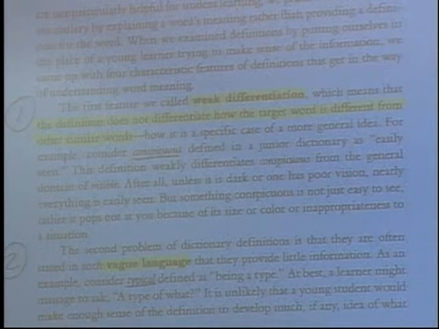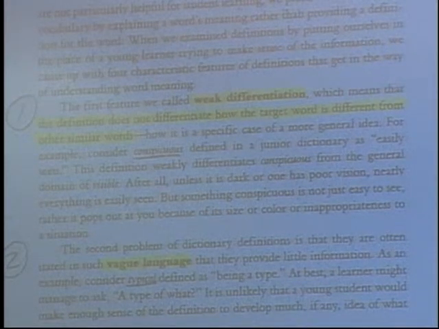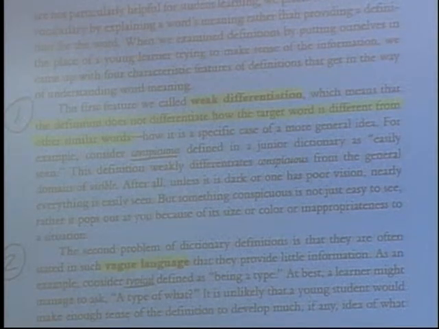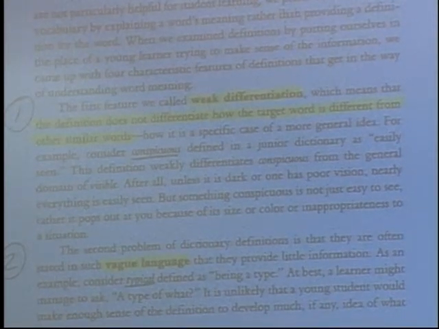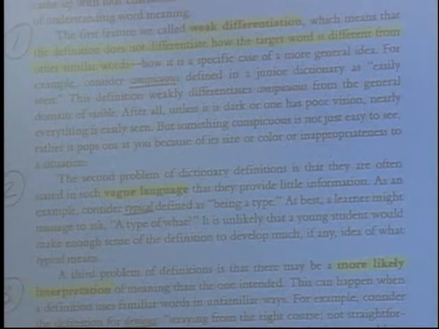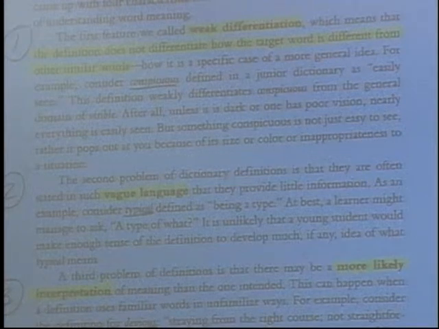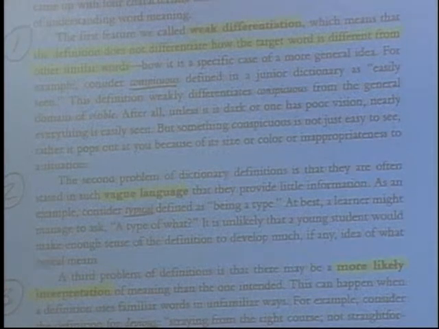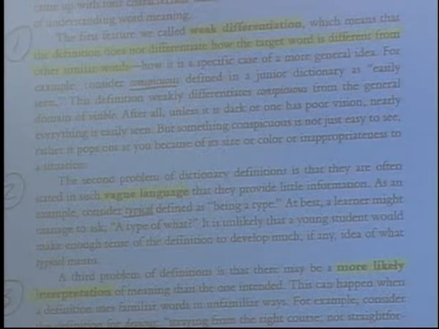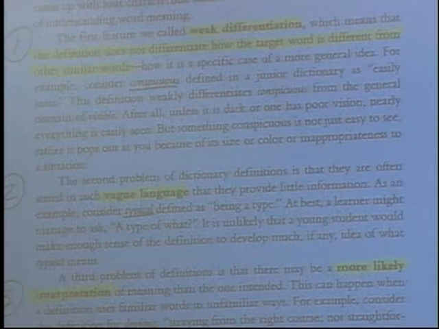Another problem that they found with definitions is the more likely interpretation factor. So what that means is basically the definition doesn't explain the word in the way that it's most often used. So for example, the word devious is defined as straying from the right course. Well, that might lead a student to think that devious refers to getting lost, going the wrong way, getting off course.